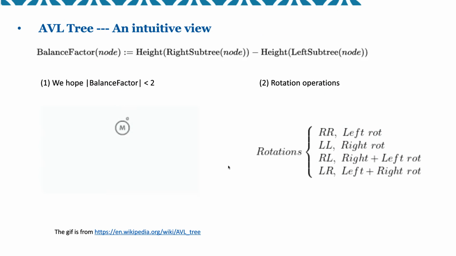Okay, let's have a look at the dynamic graph. This GIF is from Wikipedia, so you get the basic idea of it. Whenever you insert a node, after insertion, the AVL tree will check its balance factors.